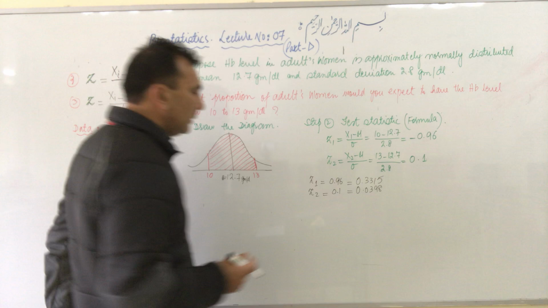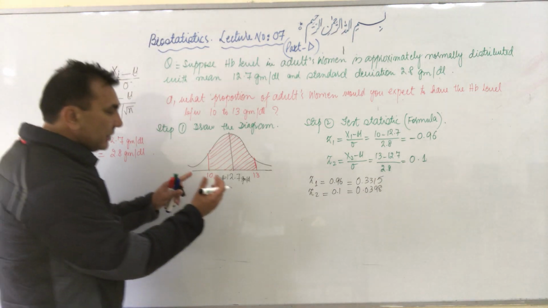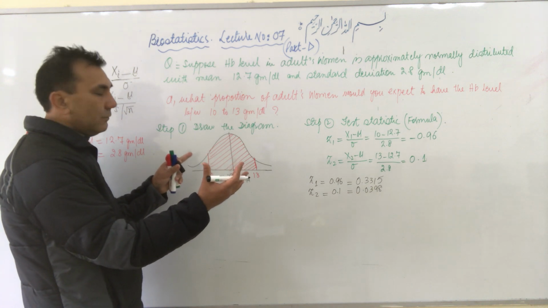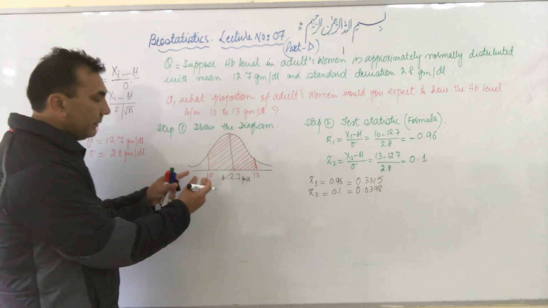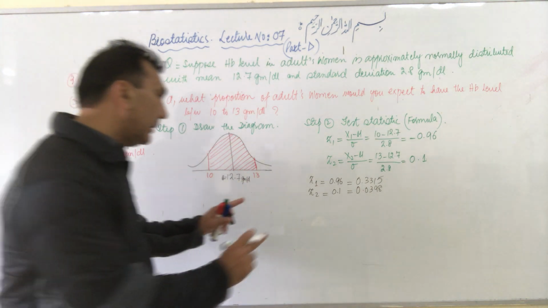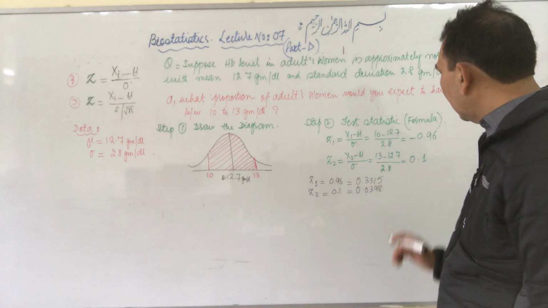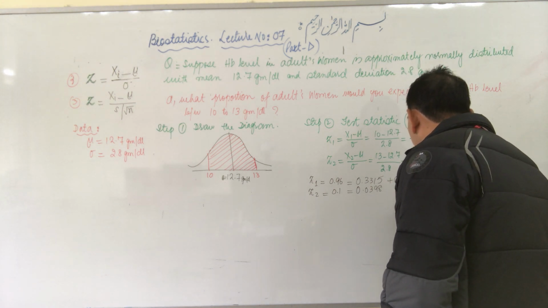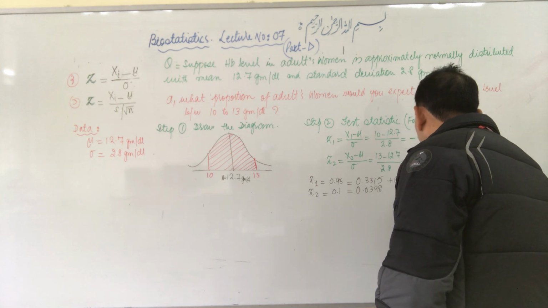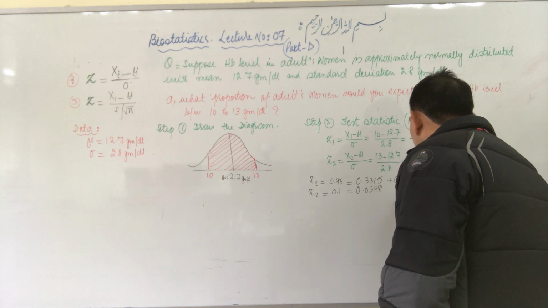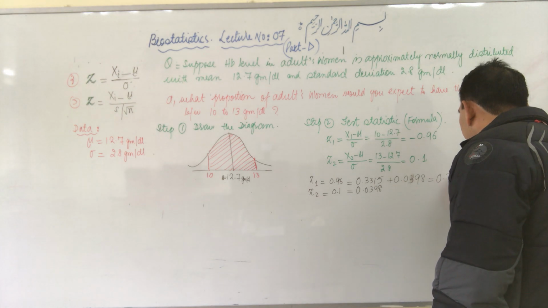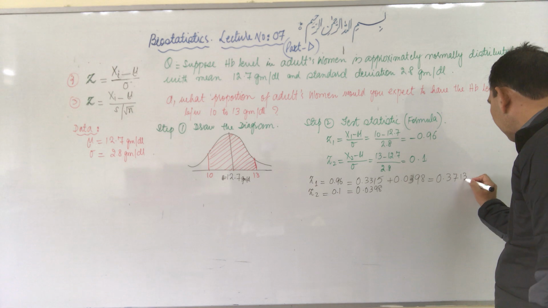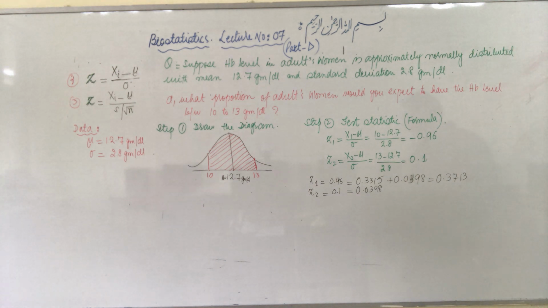Now what is the question asking? The probability that the adult woman would have a hemoglobin level between 10 and 13. So we add up both values, 0.3315 and 0.0398. It will be 0.3713.